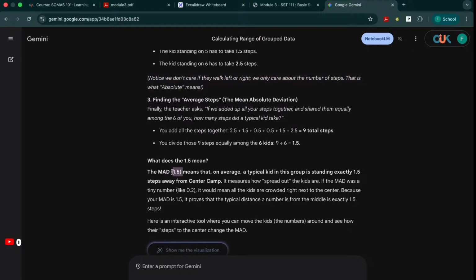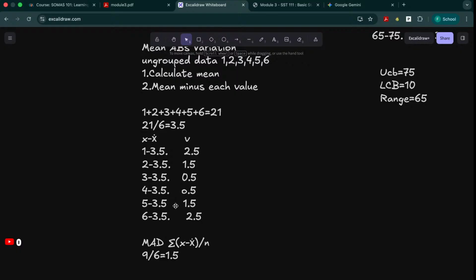So this mean absolute deviation is the amount of steps for each one away from the mean. I don't know if I make sense.